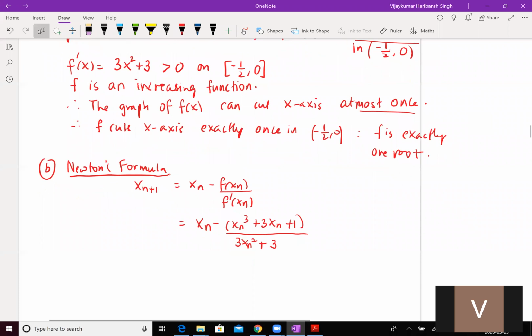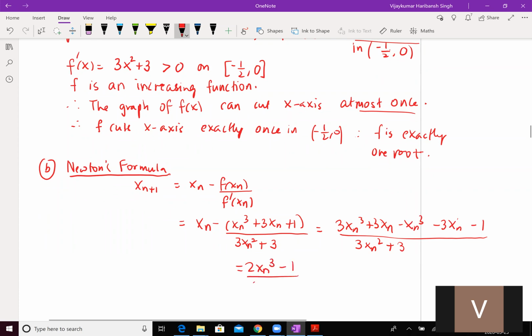And you can simplify it further, cross multiply and simplify, so you get 3xn cubed plus 3xn minus xn cubed minus 3xn minus 1, divided by 3xn squared plus 3. You can notice that a few things get cancelled off, and you'll have 2xn cubed minus 1 upon 3xn squared plus 3.